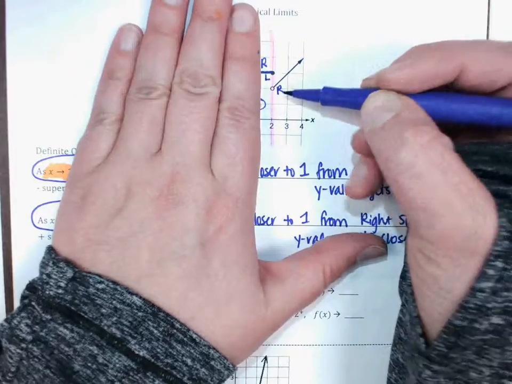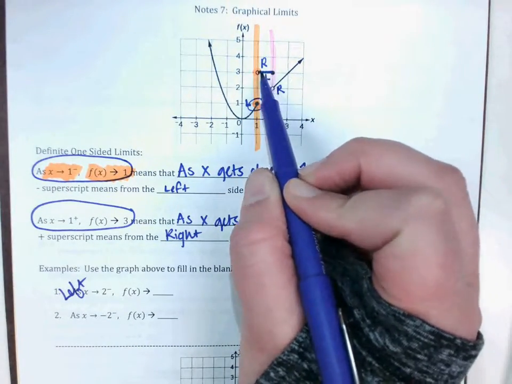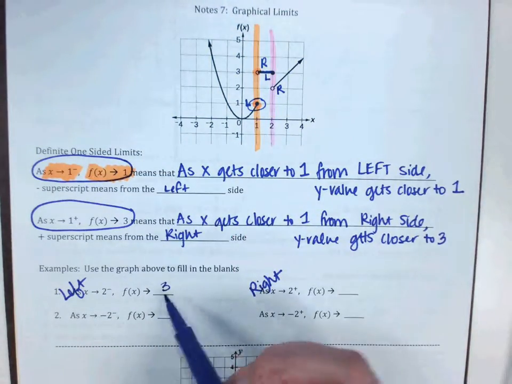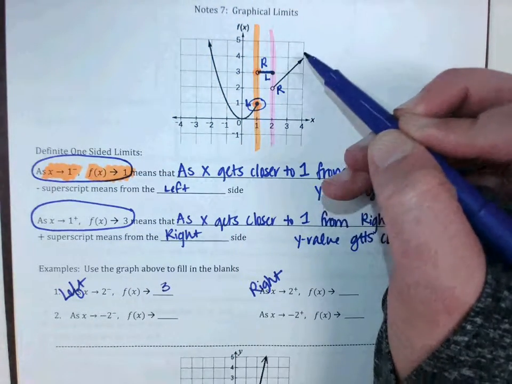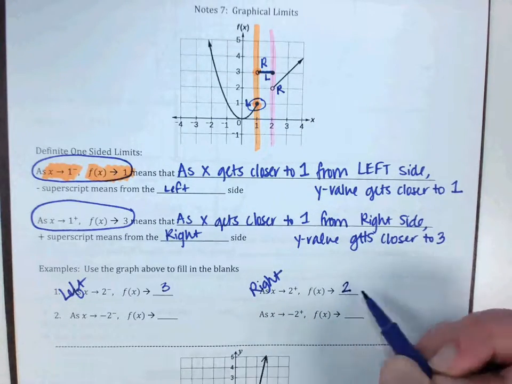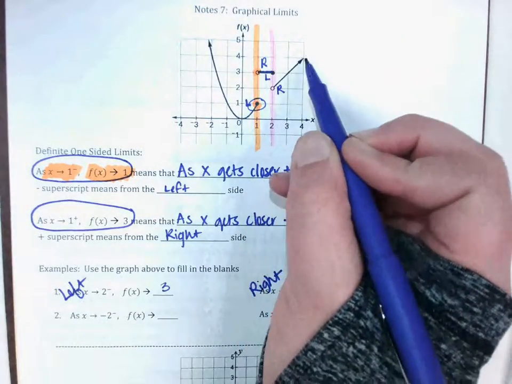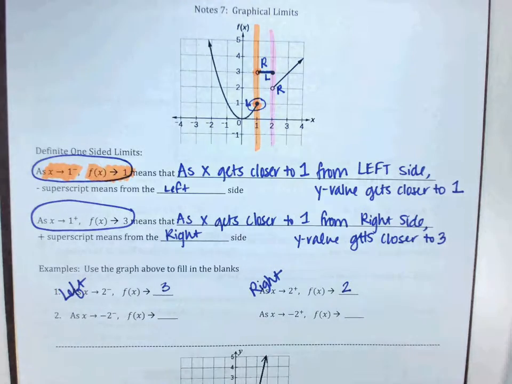This is the right. Where is the left side of my equation touching what y value? 3. What is the right side of my equation touching on the pink line? 2. So you're always going towards the pink line as x is approaching 2. But you're either approaching it from this side or that side. Make sense?